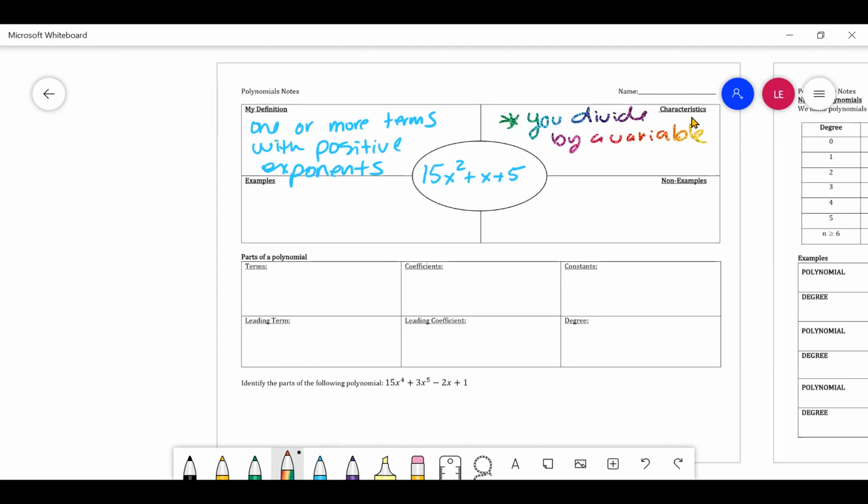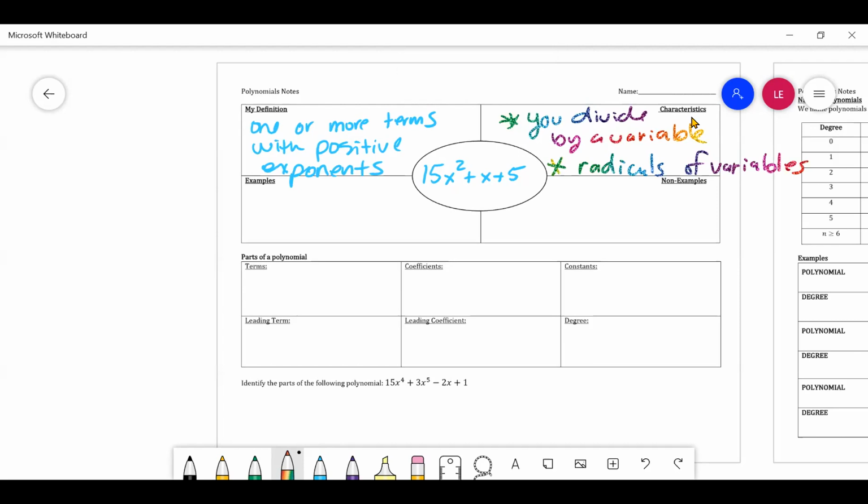I'm going to highlight some of the things that stand out. You can't have radicals of variables. To me, those are the two main things, and this leads into examples of what isn't a polynomial.